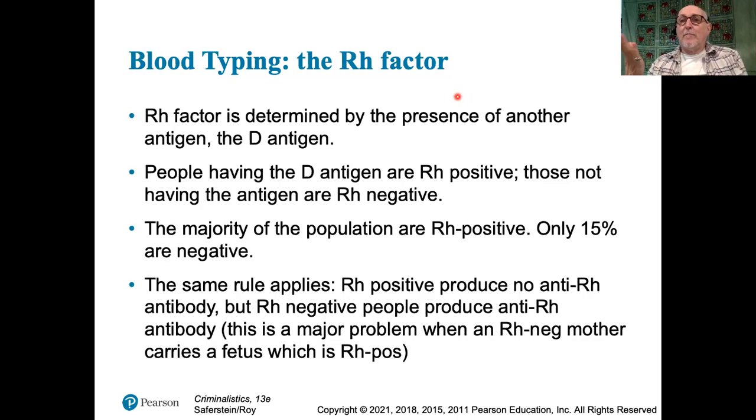With the same rule applying, we obviously have to take into account the Rh factor, especially in giving blood transfusions. This is the one place where it is really important, because you do not want to give the wrong blood to a recipient.